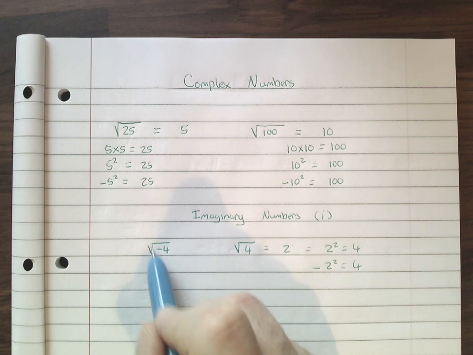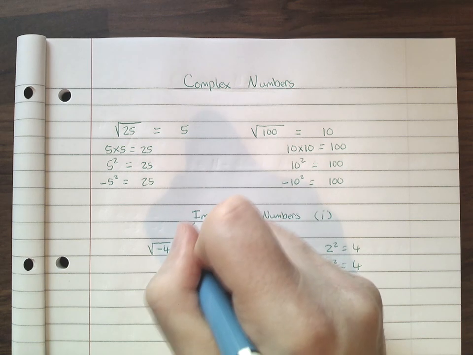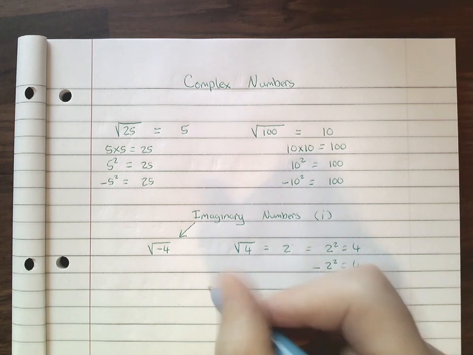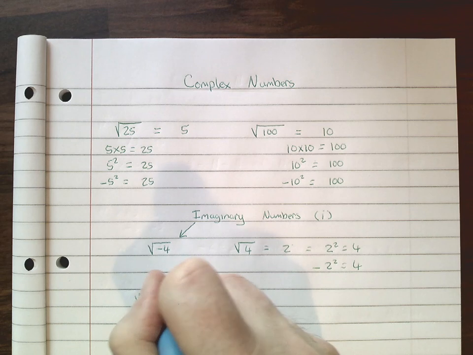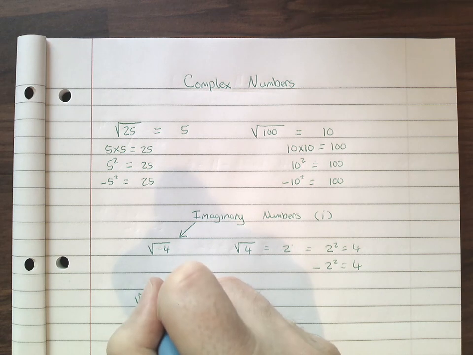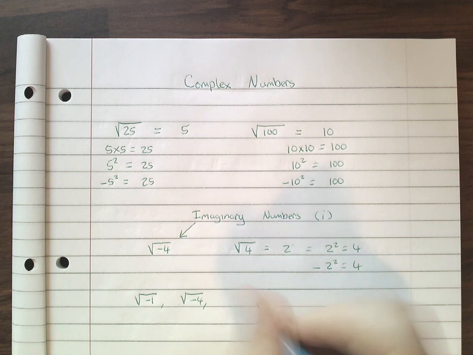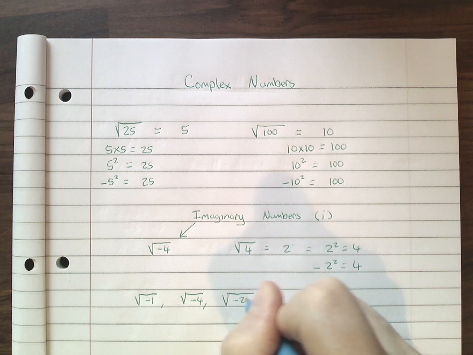Well, the square root of minus 4 is what's called an imaginary number. It's not a real number. There are other examples of imaginary numbers as well: the square root of minus 1, the square root of minus 4 like we just said, and the square root of minus 25.